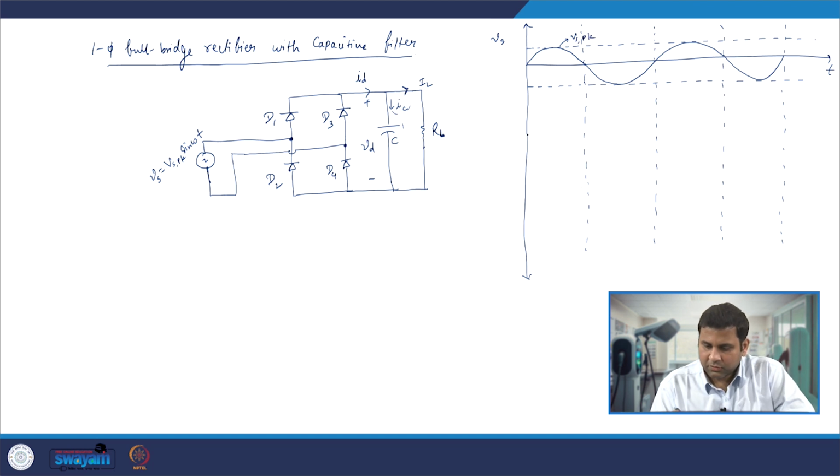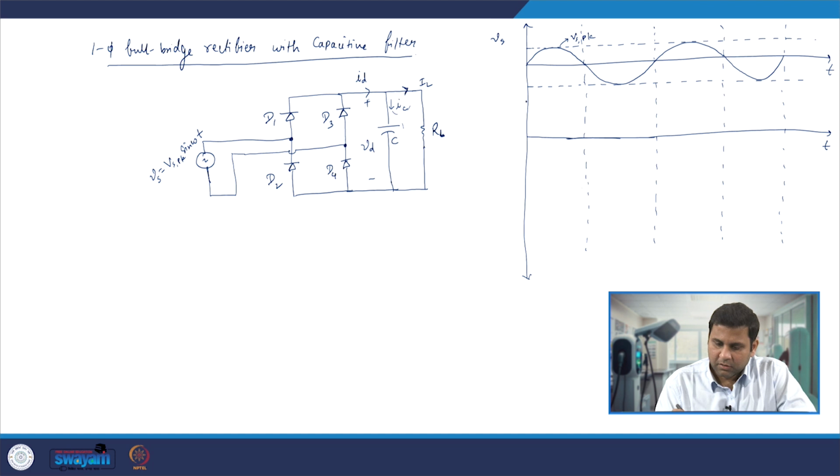Now let us see how the output voltage VD will look, because in this circuit we have a capacitor which can hold the voltage across it. Let us draw VD to understand.